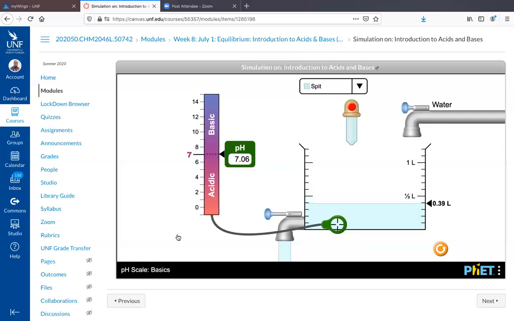All right, and then add 0.1. You have to be careful on how you add water, how you dilute the solution. If you overshoot it, you have to start over again because it's going to affect your pH value.